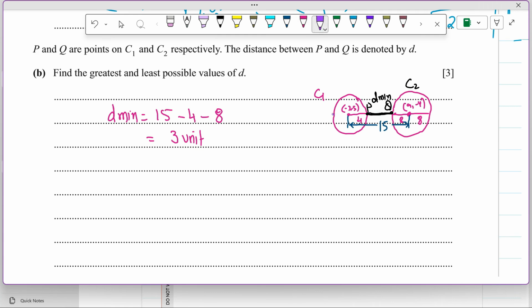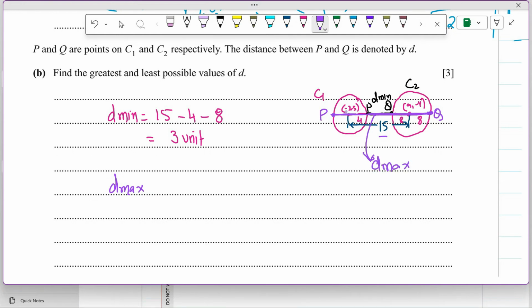Similarly, if I consider P here, away from circle 2, and Q here, away from circle 1, we need to find the distance between them. If I add this radius and this radius, the maximum distance between the points P and Q will be D max.